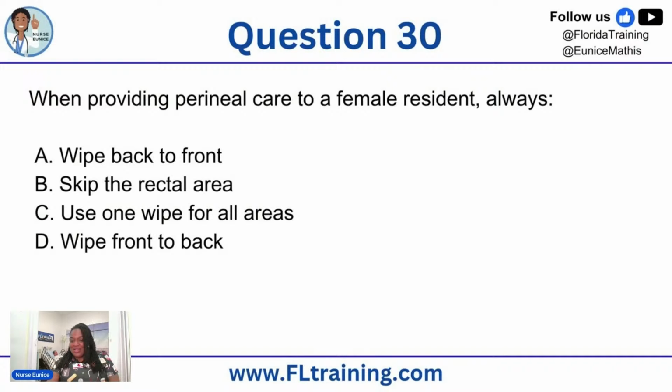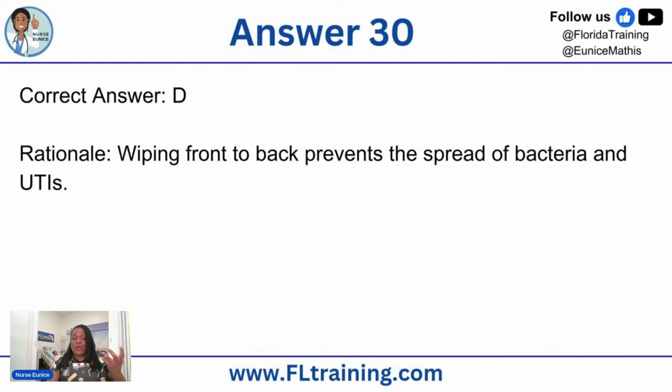That's right, Edward and Louise and Miranda and Messi. We always start cleaning from the cleanest area, which will be the vaginal area if it's a female, towards the most contaminated area, which will be the rectal area. So we're going to do D. We're going to wipe from front to back. Wiping from front to back prevents the spread of bacteria and UTIs.